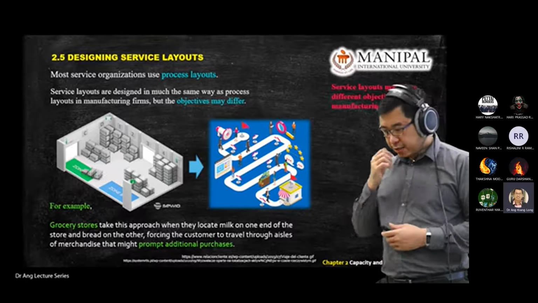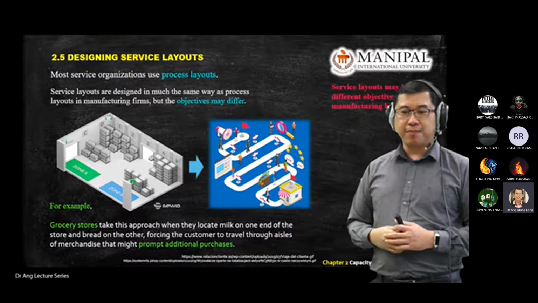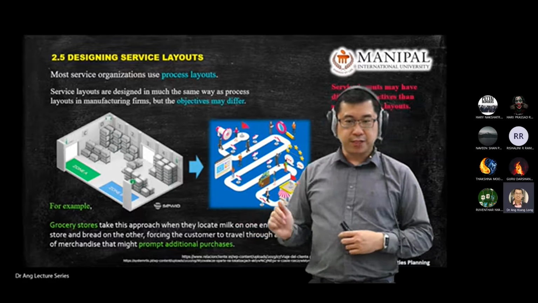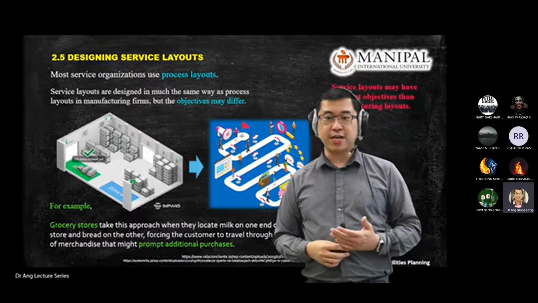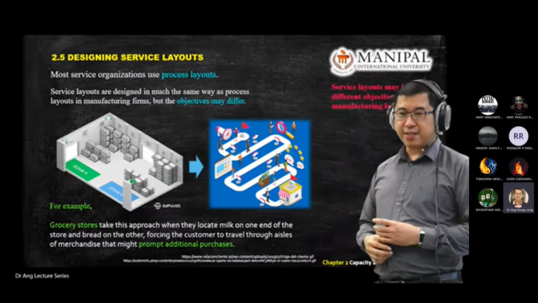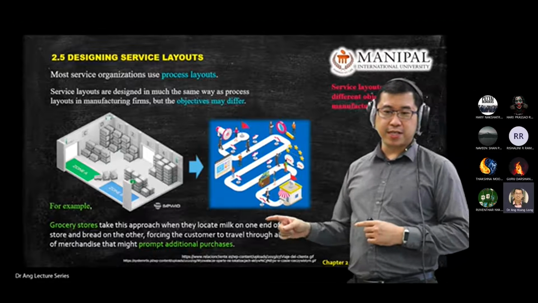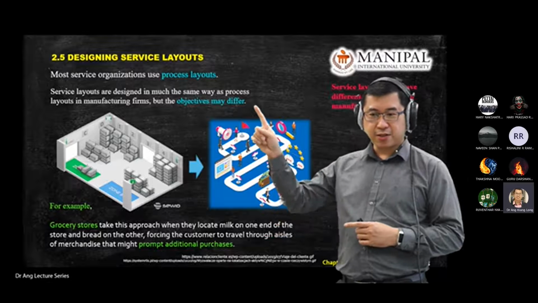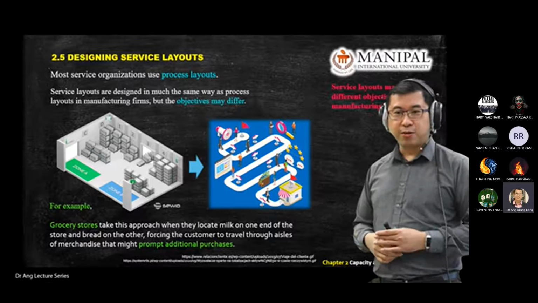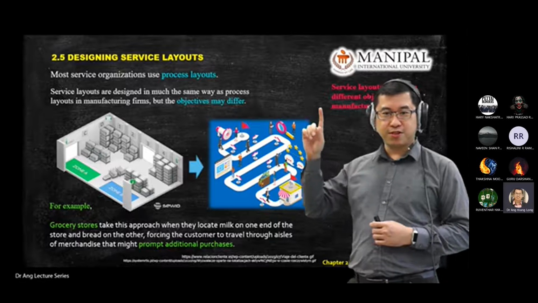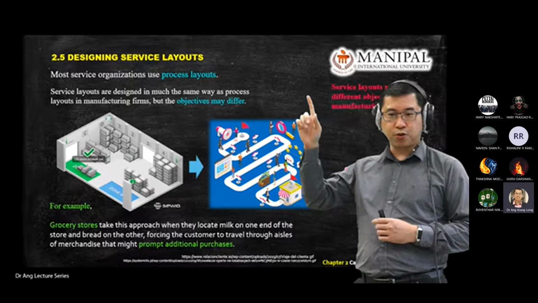IKEA is one that you are familiar with. Another traditional business also uses service layout, like the convenience store or grocery store in your town, where sometimes the boss purposely puts the hot sale products at the last corridor of the shop. If you go to Mr. DIY, normally they will put the most favorite or hot sale products at the back of the store.